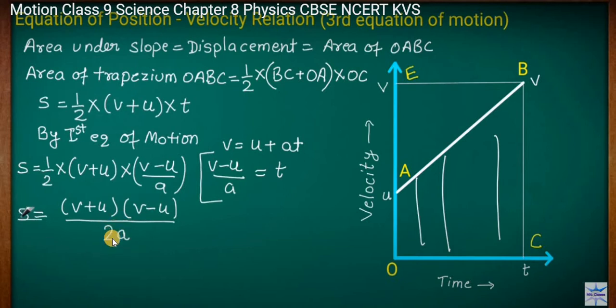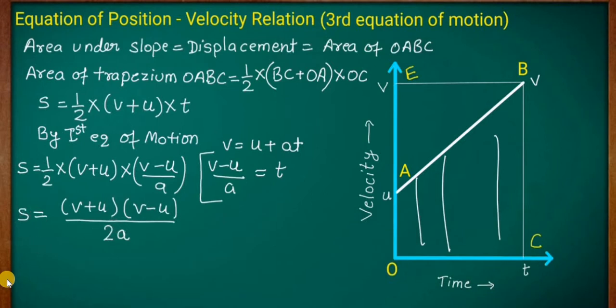If we keep this 2a over here, then we get 2as. So 2as is equal to v plus u and v minus u.